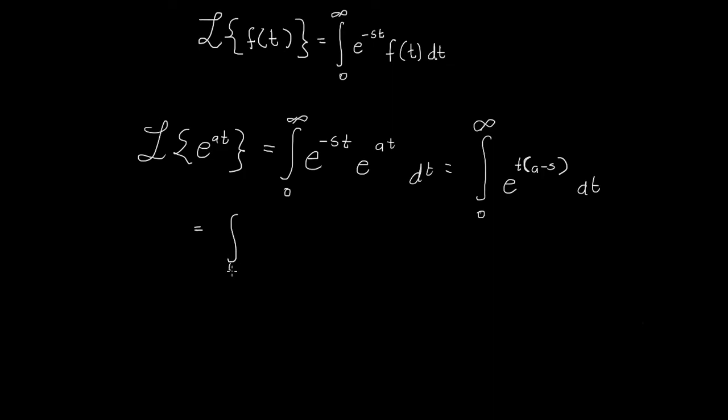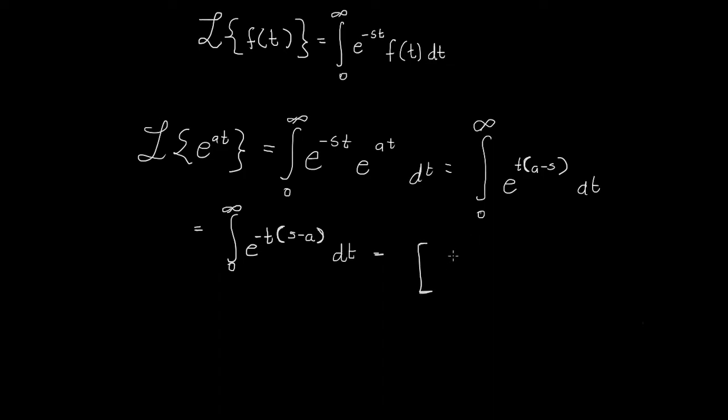What I'm going to do right now is just flip the signs in the exponent. So I'm going to write e to the negative t times (s minus a) dt.